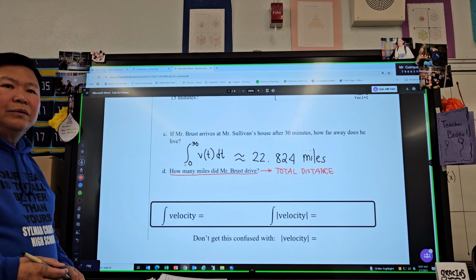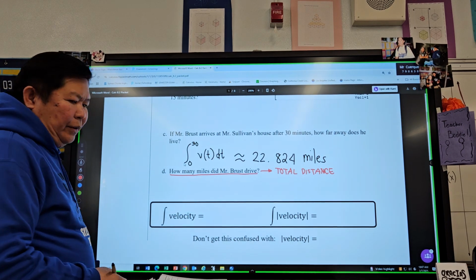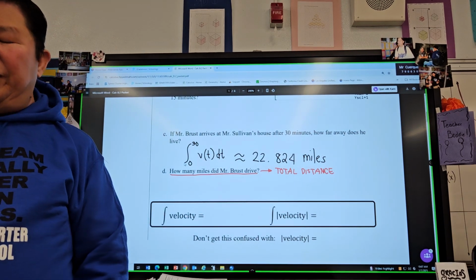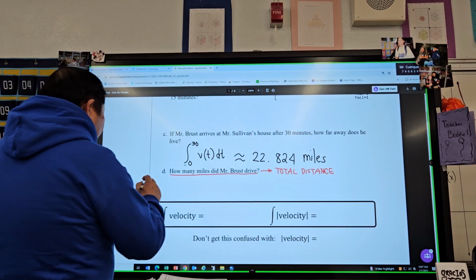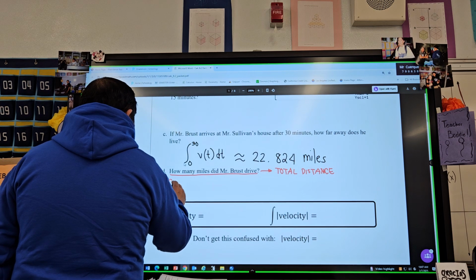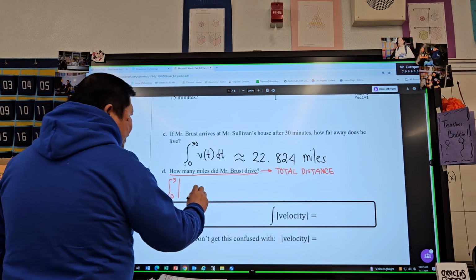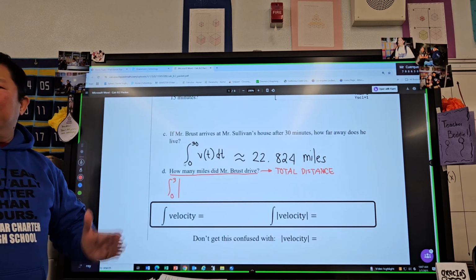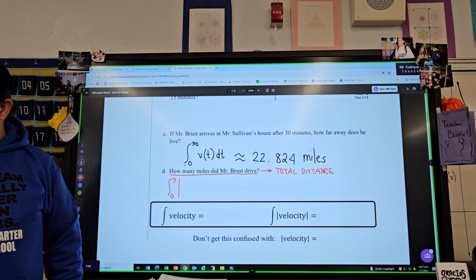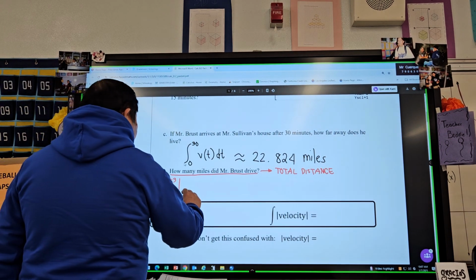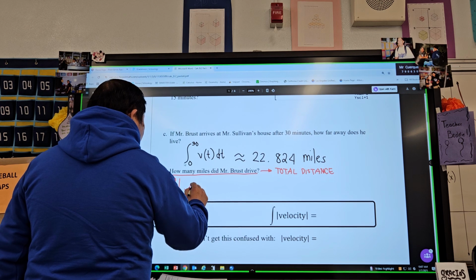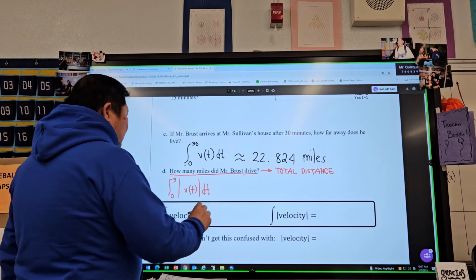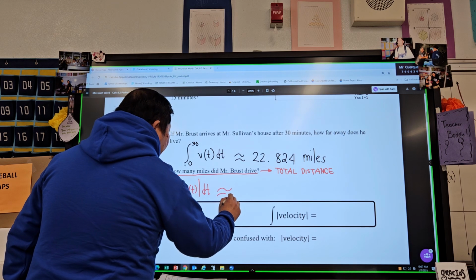But Mr. Roy, how to do that in the calculator? Okay. So what we do is the first part from 0 to 30, right? Since this is total distance, we're gonna have the absolute value of the velocity. Okay, so the integral of the absolute value of v of t, dt, approximately.